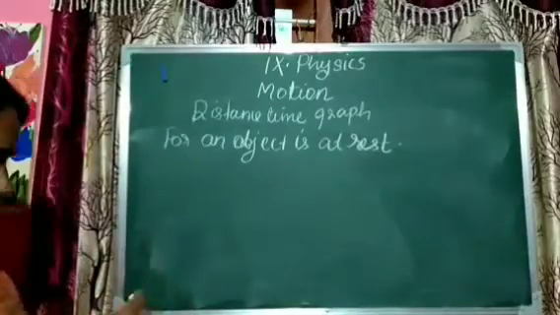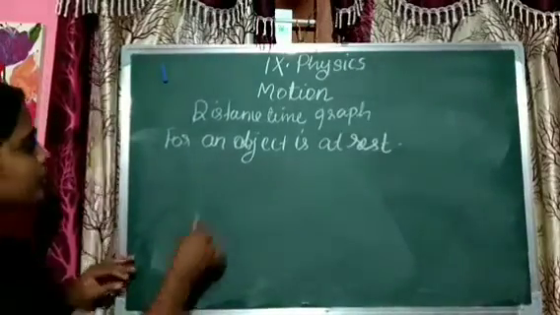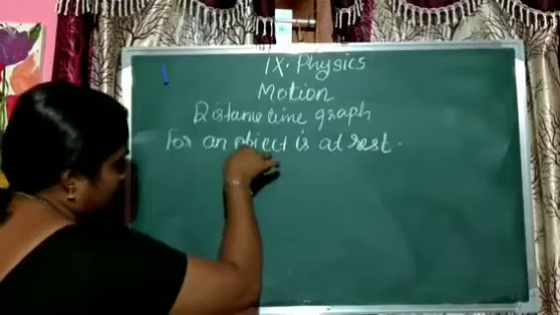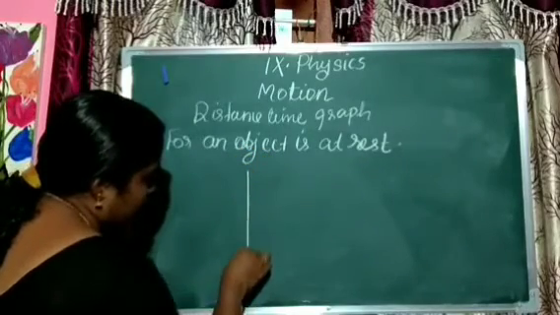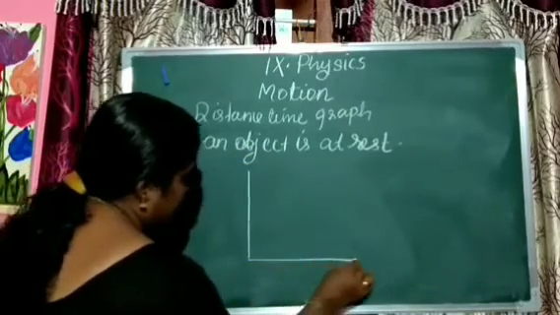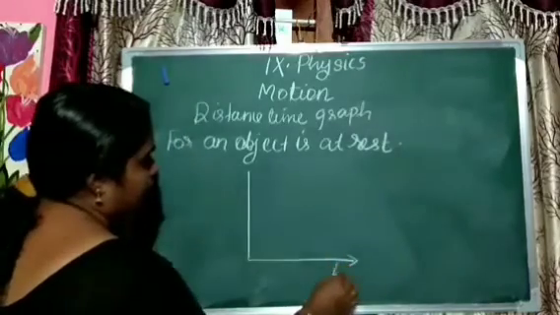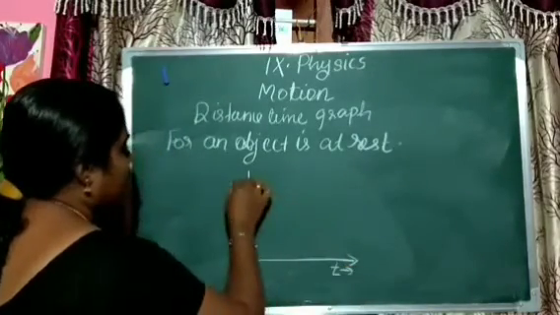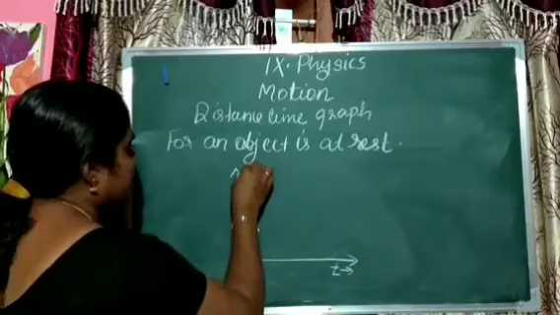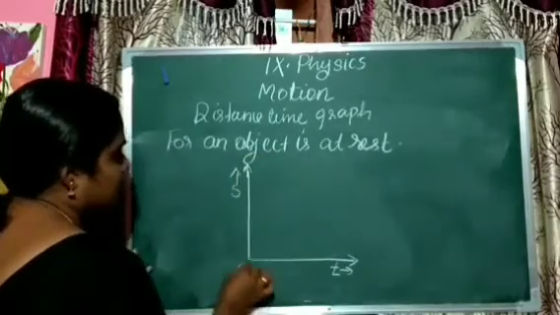Here also we can plot the same distance time graph. This is the distance time graph, with time on the x-axis and distance on the y-axis. And here this is the origin.